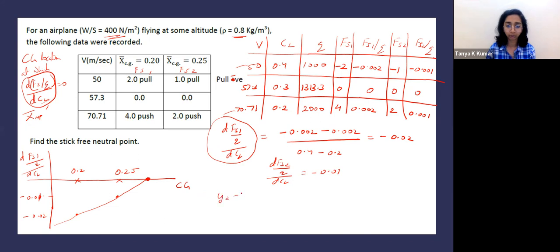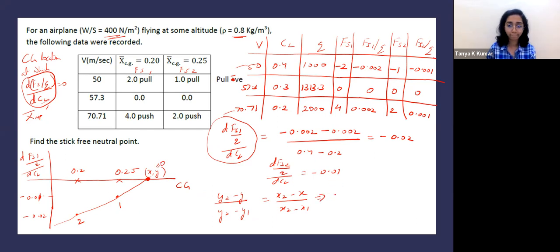So you have y2 minus y by y2 minus y1, this is point number 2, this is 1, and this is denoted by x comma y, is x2 minus x by x2 minus x1. So we need to find out x, y is 0, correct? This y is 0. So substitute all the values here.